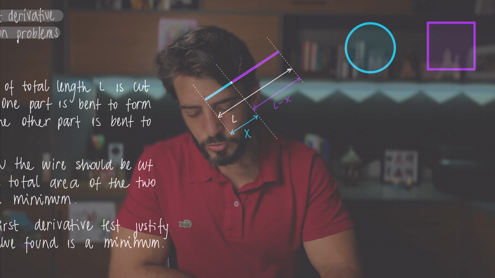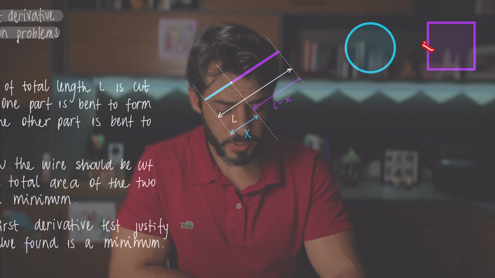If we're going to use the length L minus x to form the square, and given that squares have 4 equal sides, each side of this square will have a length of (L minus x) over 4, which means that its area, let's call this A2, is equal to ((L minus x) over 4) squared. Now for the circle, it's a bit different.